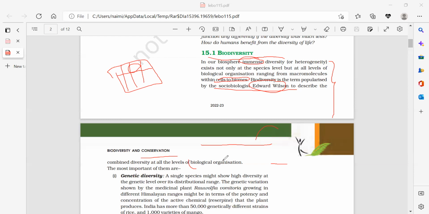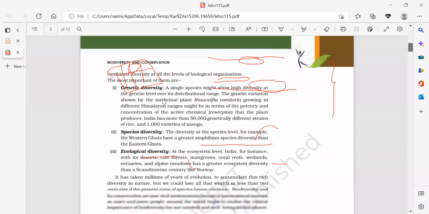Over its distributional range, the genetic variation is shown by the medicinal plant Rauwolfia serpentina, growing in different Himalayan regions, in terms of the potency and concentration of the active chemical, reserpine, that the plant produces. So a single species might show high diversity at the genetic level over its distributional range.